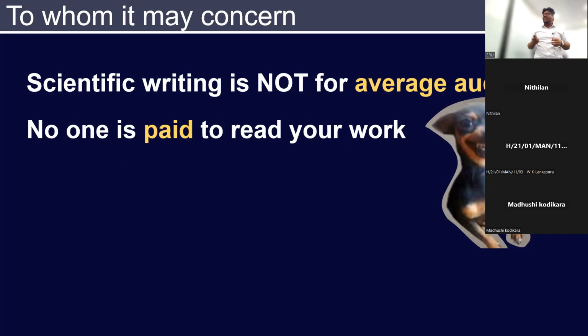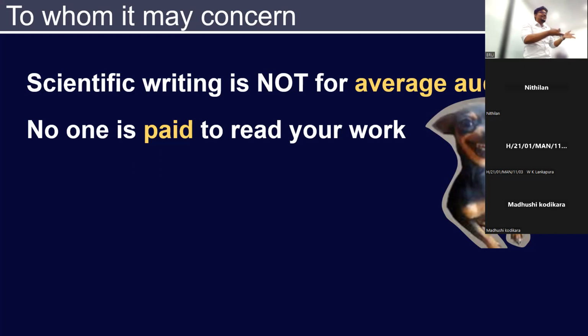And the next thing I want you to have in your mind is that no one is paid to read your work. So your peers are not reading your work just because they get something out of it. So if you cannot get into the audience, if you can't get the attention of your peers, then actually writing in science in that sense has no meaning. For example, since we have a somewhat broader audience here, if you look at the papers that you write in your school terms, the teachers are actually paid to mark those papers.